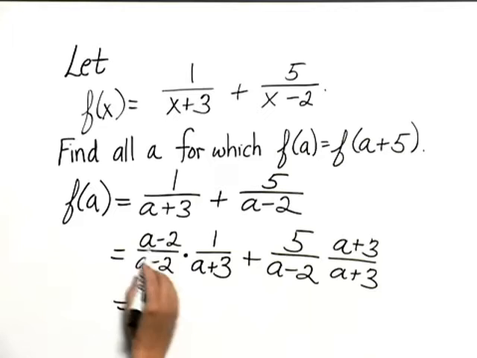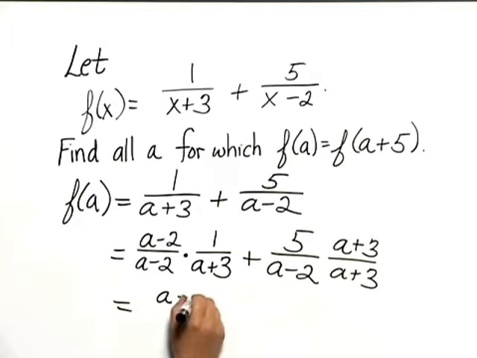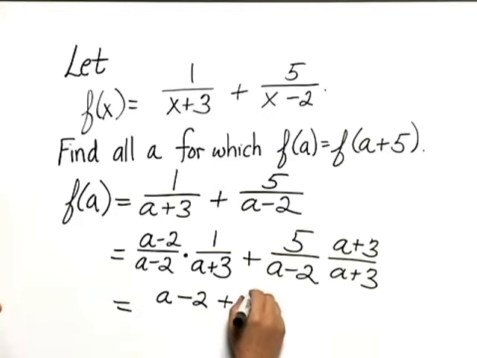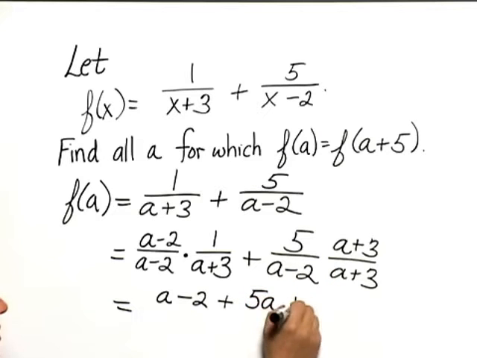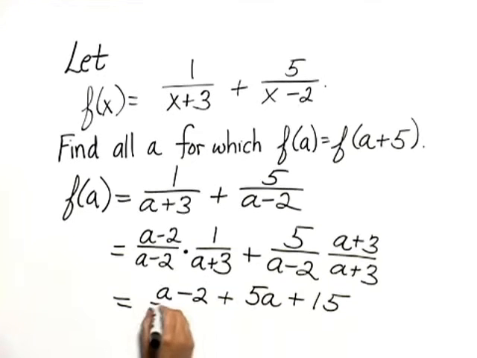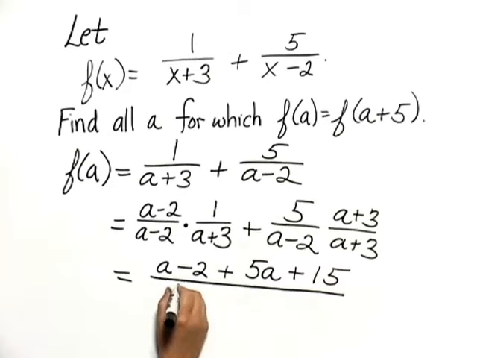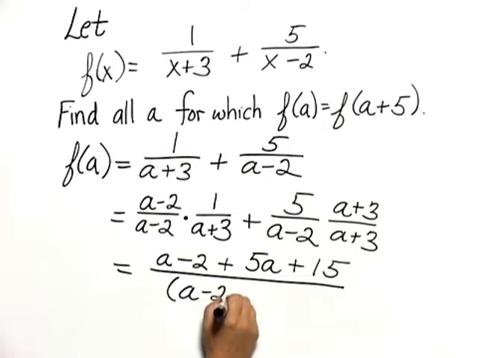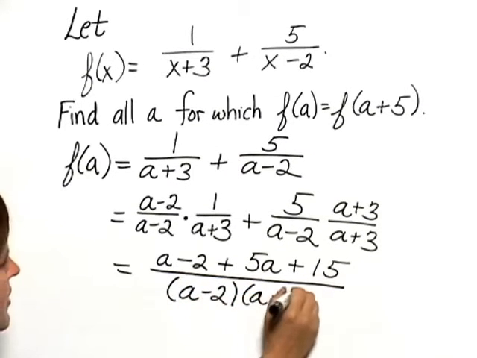In the numerator, we would have a minus 2 plus 5 times a plus 3, which is 5a plus 15, all over the common denominator a minus 2 times a plus 3.